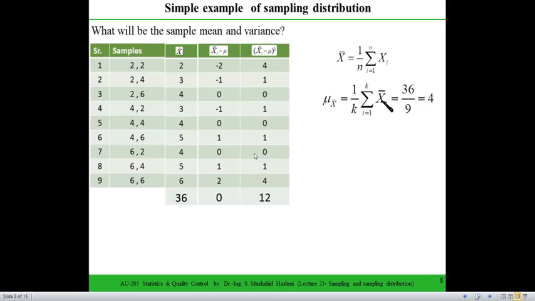So it is actually the mean value of the sample mean.